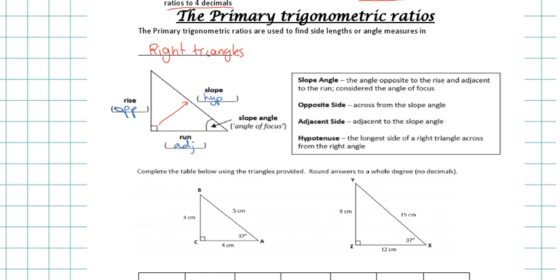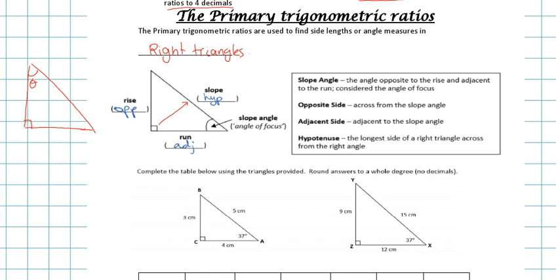The one across from it is your opposite. And the last one is the adjacent. Now the angle of focus could be here. So what if the angle of focus is right here? Wouldn't it still be adjacent at the bottom? Where's the hypotenuse?